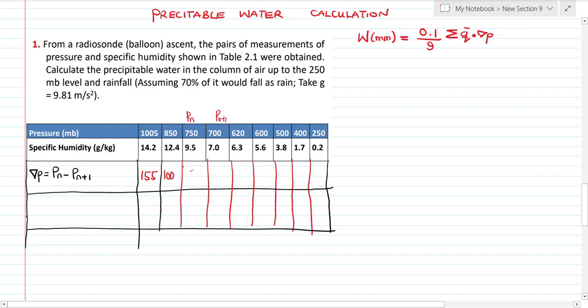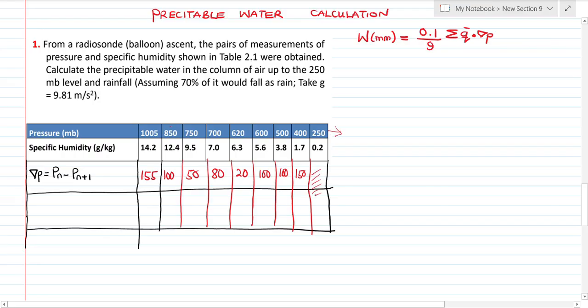So 750 minus 700 is 50. Then the next one, 700 minus 620 is 80. Next one, 620 minus 600 is 20. Next one, 600 minus 500 is 100. Next one, 500 minus 400 is also 100. And last one, 400 minus 250 is 150.